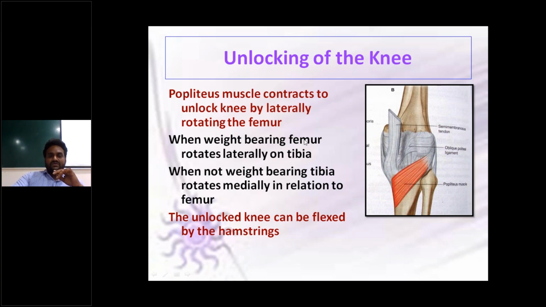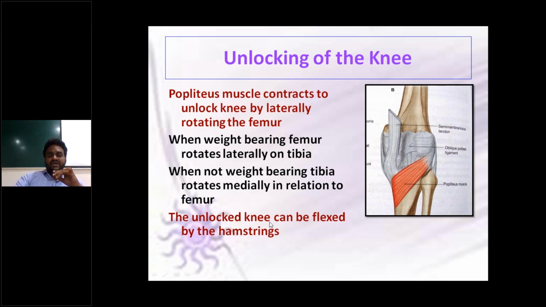How does it unlock the knee joint? The popliteus muscle contracts to unlock the knee joint by lateral rotation of the femur. In the locking method, the femur rotates medially; in the unlocking method, the femur rotates laterally. That is the difference. This lateral rotation of the femur is initiated by the action of the popliteus muscle, and this is called the unlocking mechanism of the knee joint.